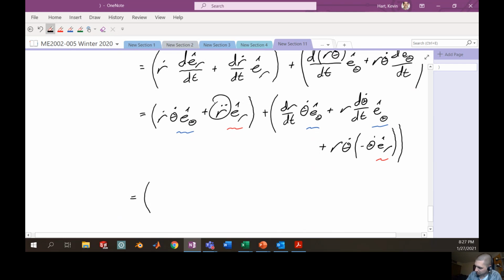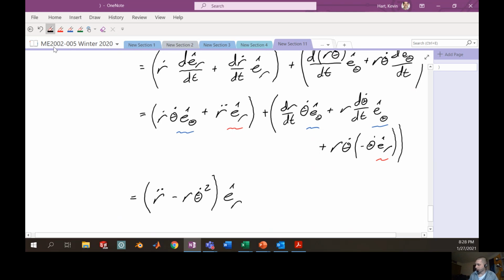First one we see here is this r double dot. Here we see the other e hat r term, which looks like a negative theta dot squared times r. So I'll write this as minus r theta dot squared.